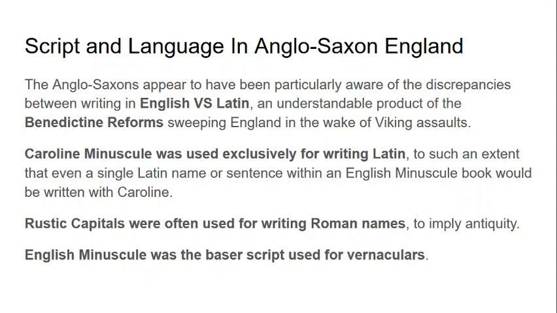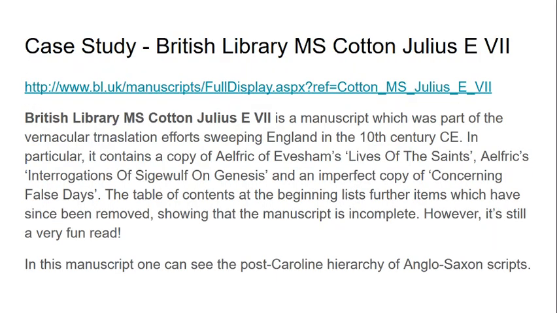Let me put it another way as well: almost all Old English text is written in some form of insular minuscule, some form of Anglo-Saxon minuscule. You never see it written in Caroline minuscule, or in half uncial, or in uncial, or anything like this. Old English would still use rustic capitals, sometimes for writing Roman names in order to imply their antiquity, and English minuscule was the basis script used for vernaculars.